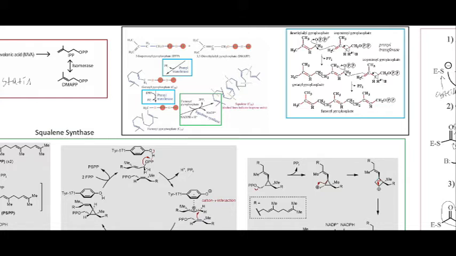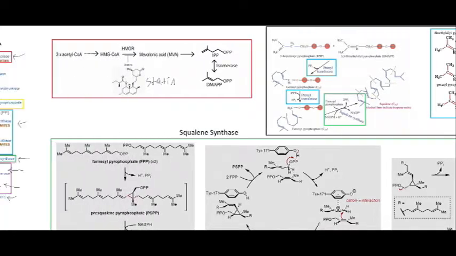It's going to kick off this pyrophosphate, which, as I said, is a favorable thing to do. And this can just happen a few times in order to go from our dimethylallyl and isopentenyl pyrophosphate to our farnesyl pyrophosphate, which is what we want for our next step here, which is the squalene synthase.